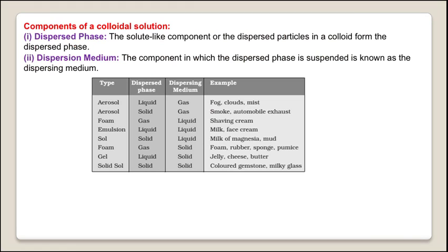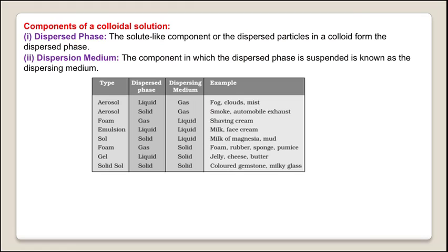Like I'll take one example, foam: the solute is gas and the solvent is liquid. If we take the example of shaving cream, in shaving cream the liquid is present in more quantity and a little bit of gas is added so that the pressure makes the shaving cream exit out of the box or the container.